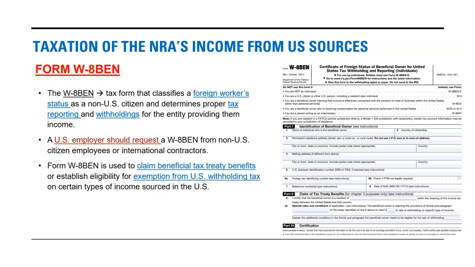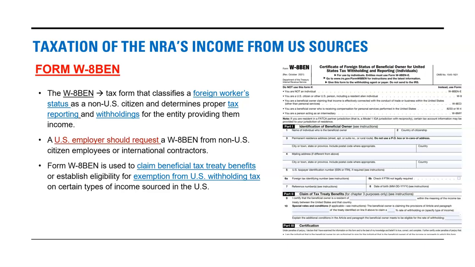Okay. There are two more forms that I have to mention, very important. The first one is Form W-8BEN. This is a tax form that classifies a foreign worker's status as a non-United States citizen and determines proper tax reporting and withholding for the entity providing them income.